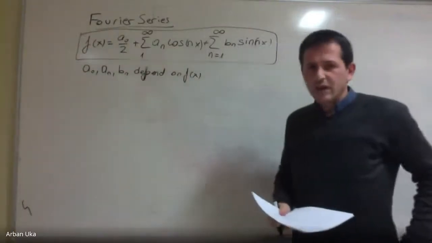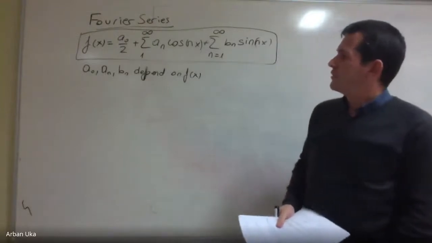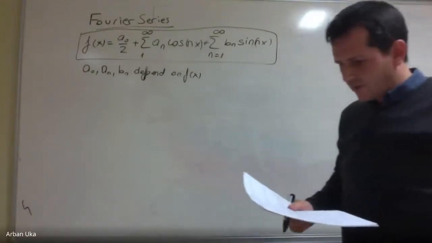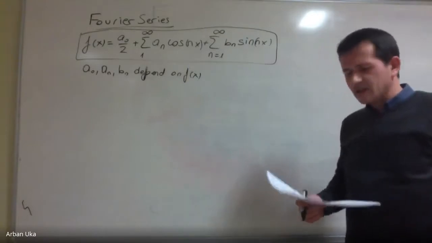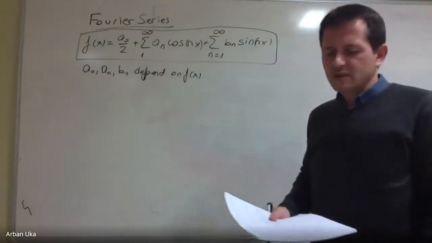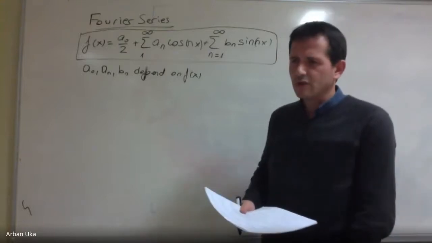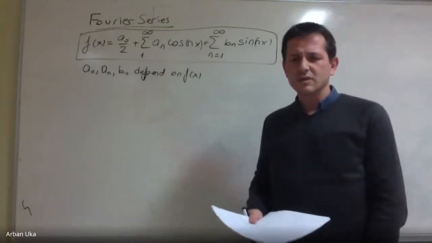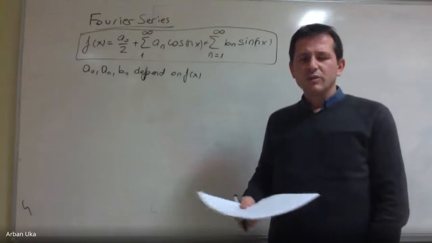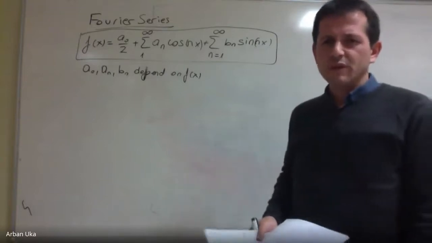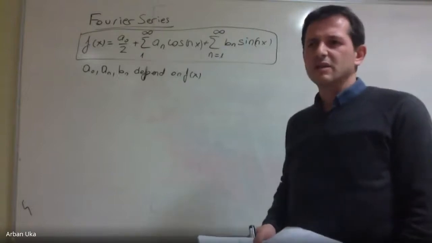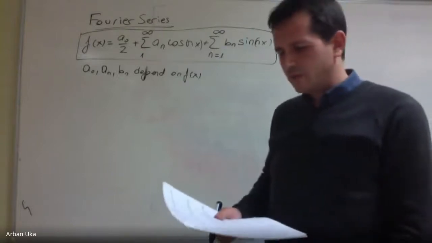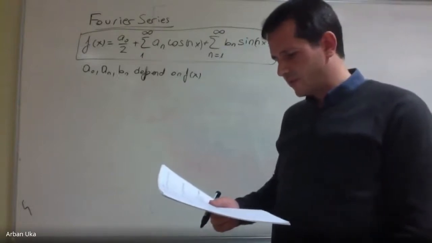Then we have a few conditions on f of x. First of all, f of x can allow only a finite number of discontinuities. You cannot have an infinite number of discontinuities, but a countable amount is fine, we can deal with it. So you can assume a function which is undefined at, let's say, x equal to 2, and we can still calculate the Fourier series for it.